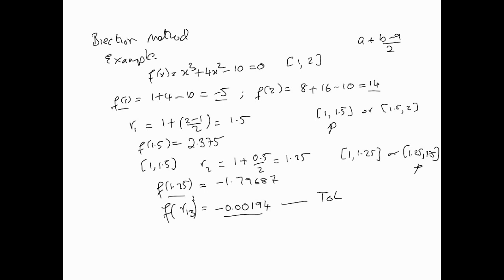So you may say, okay, I'm going to stop when my tolerance is less than 0.00001, which means you might end up going to R50 or 40 or whatever. When f of Rn, or Rk, is less than your tolerance, you'll stop searching and you'll be happy with that root. But it's not going to be the exact root, it's going to be the approximate root.